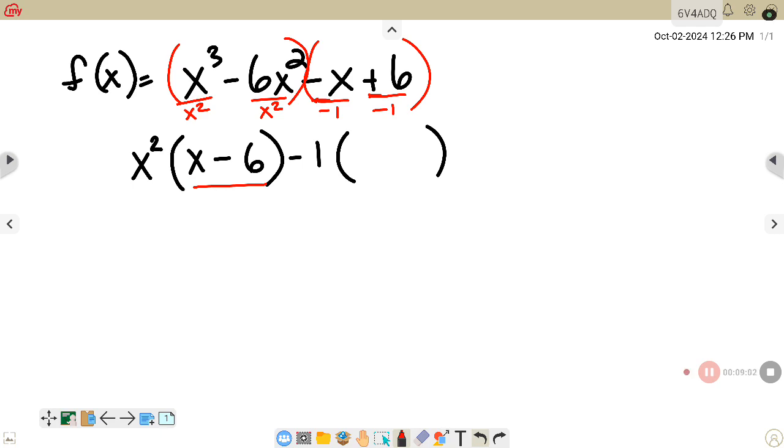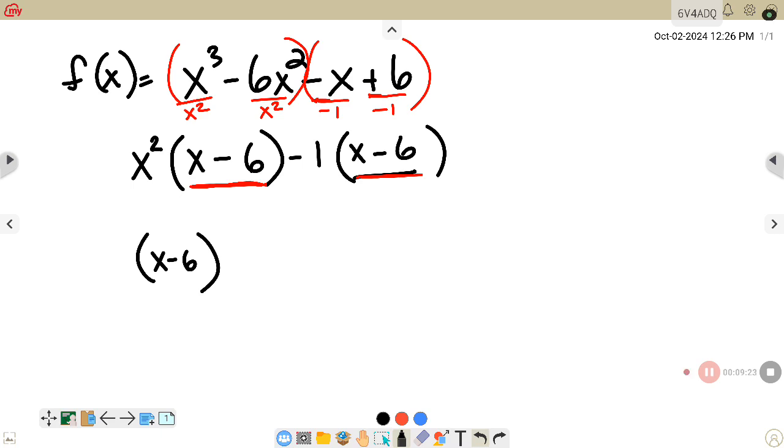So that'll end up being a +x and a -6. The reason that you want these two to be the same is so that now you can pull that out as a common factor. So I'm pulling out the x minus 6 from each side.